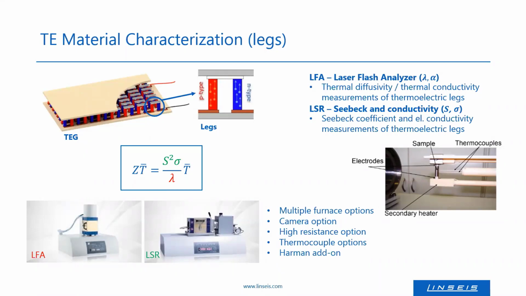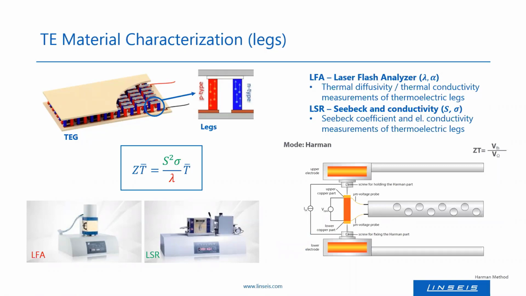And in addition, we also offer a high resistance add-on, which allows the characterization of highly resistive materials. Also a camera option for the highest accuracy resistivity measurements, and many different thermocouple options for all kinds of Seebeck coefficient measurements, as well as the patented Harman adapter for the direct ZT determination according to the Harman technique.